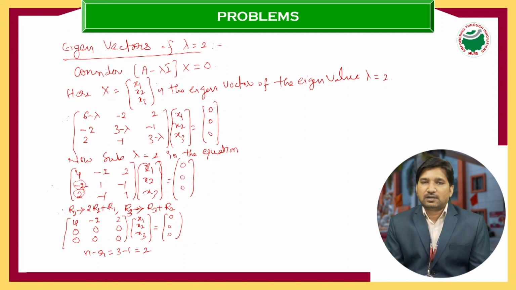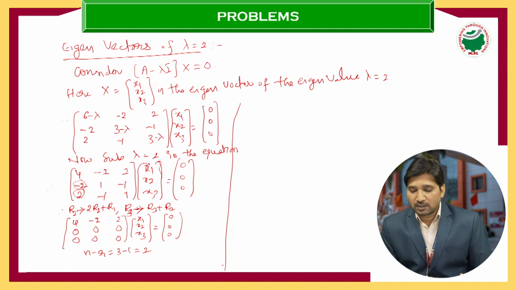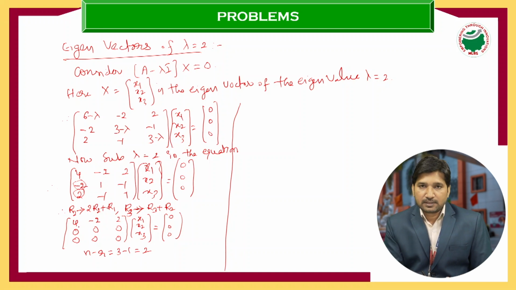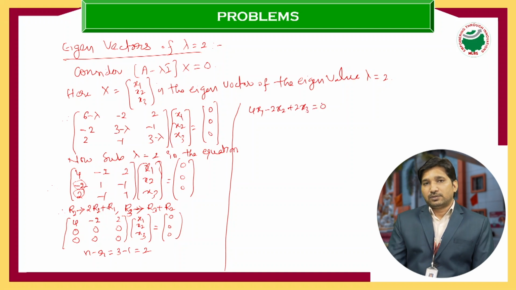Now we can take x2 equal to k1, x3 equal to k2, and find x1. Now the above system gives only one equation, 4x1 minus 2x2 plus 2x3 equal to 0.